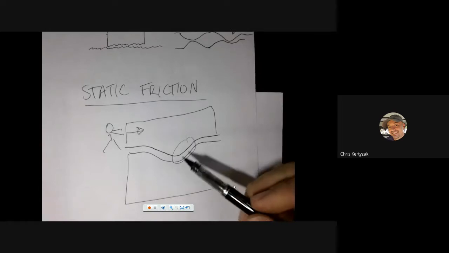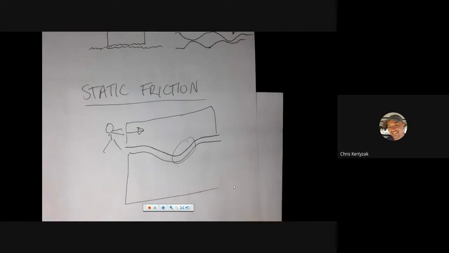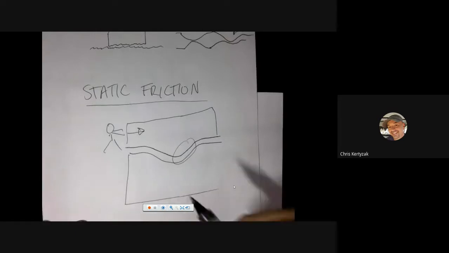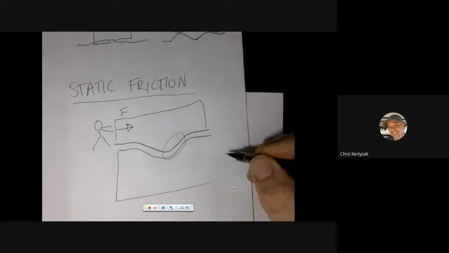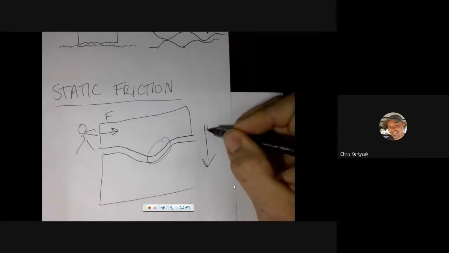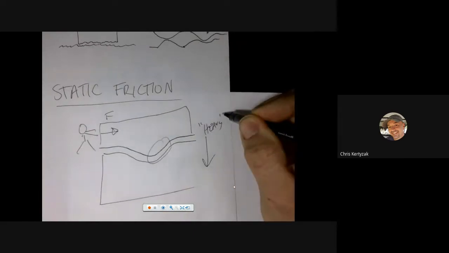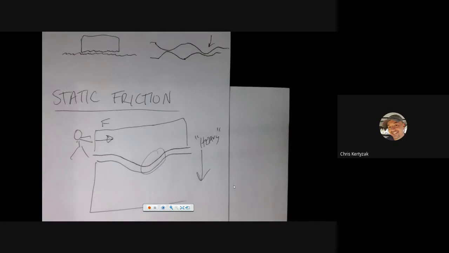Especially when two surfaces are texturally rough, you can have serious, significant locking mechanisms that you would feel when you tried to push this, because it won't move. Most people would say it's because it's too heavy. No, heavy goes this way. Heavy works in the downward direction, because when people say heavy, they're referring to gravity.